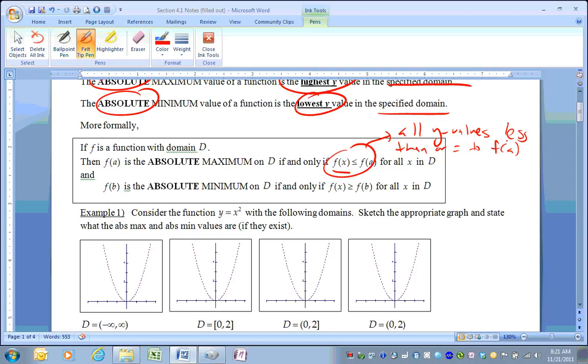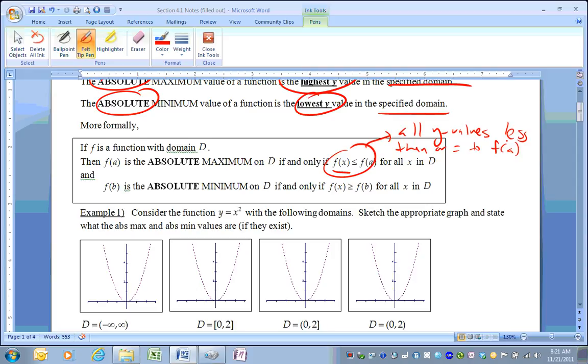So say, for example, a were like, I don't know, 1 here. Say the graph looked like this. Then that would be the absolute maximum, right? If the graph had like an n behavior with both arrows pointing down, there's no other y values higher than that y value.